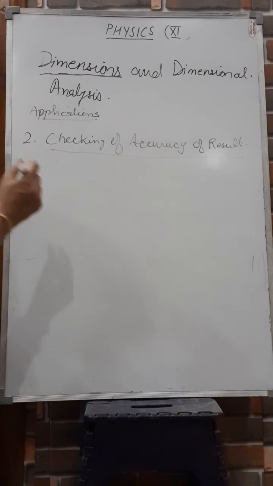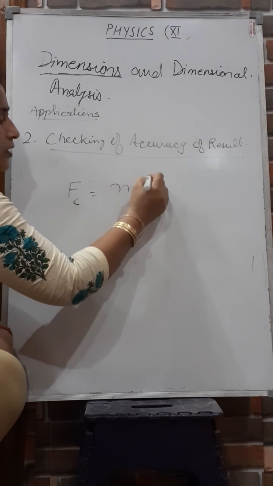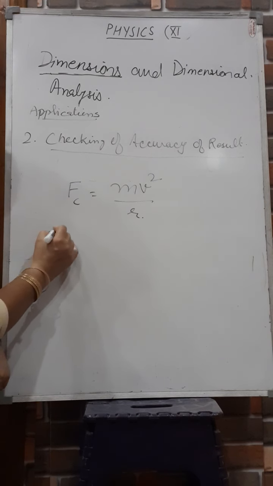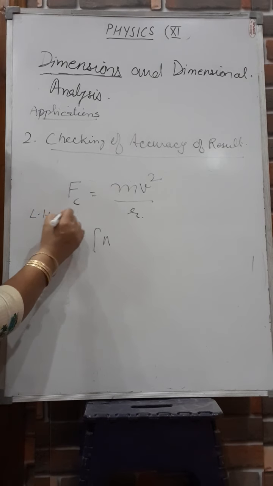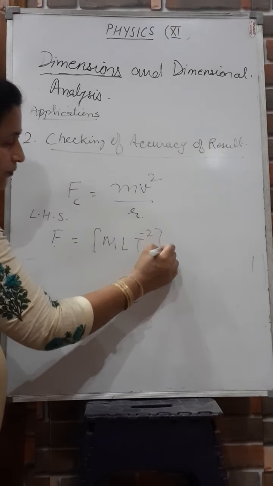You know that centripetal force is equal to mv square by r. So for the left hand side, the dimensions of force are MLT minus 2.